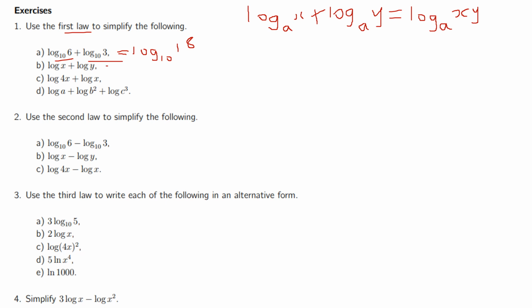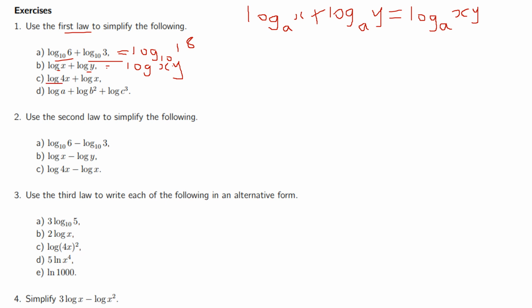For the second one, assuming that we have the same base here, log to the base x plus log to the base y will be log to the base x of xy. Here it hasn't actually specified the base, but we will assume that the base is the same, basing it on the question.